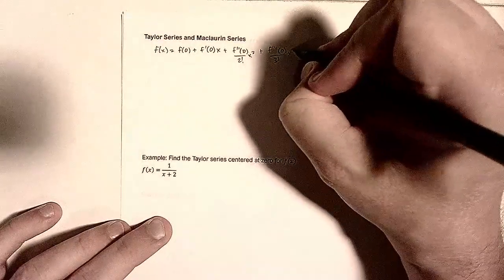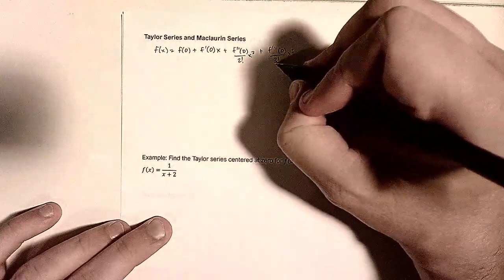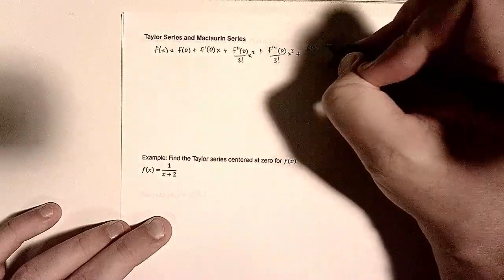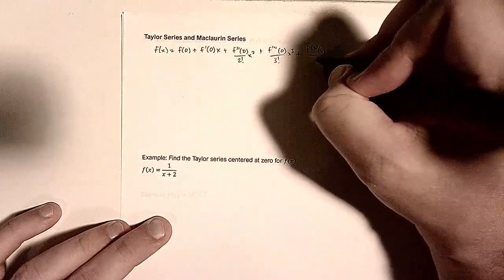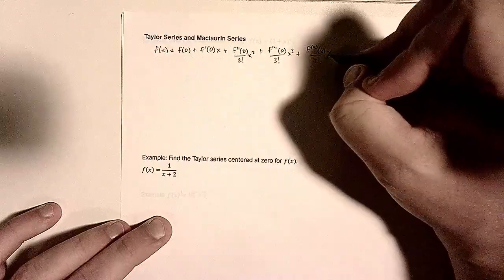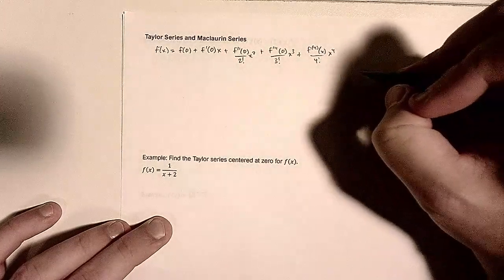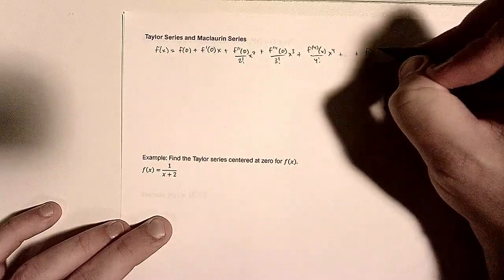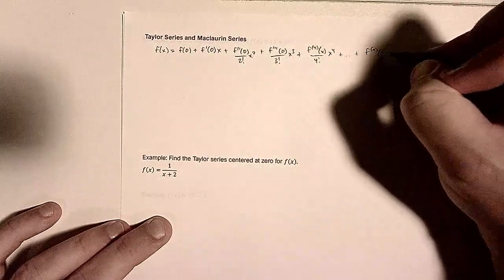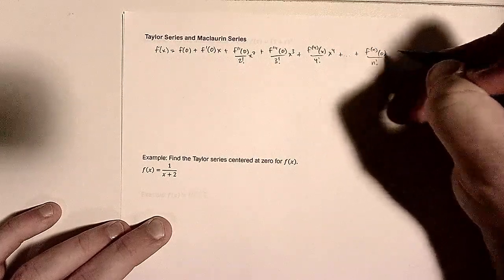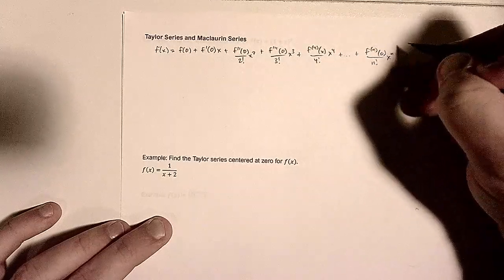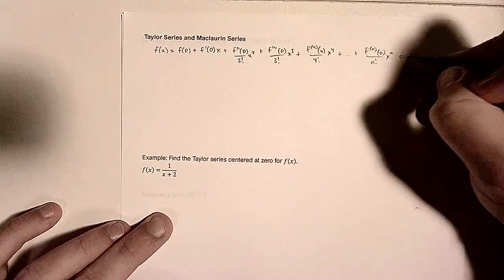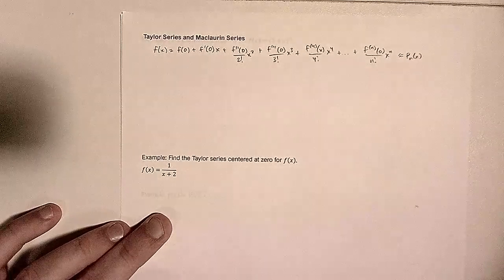We have an x cubed here with the third derivative and a 3 factorial in the denominator. We can go to the fourth derivative and x to the fourth, and so on, to include as many terms as we like to the nth derivative, again centered at 0, n factorial x to the n. And this represents the Taylor polynomial.